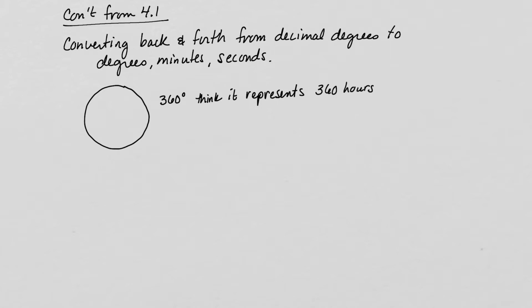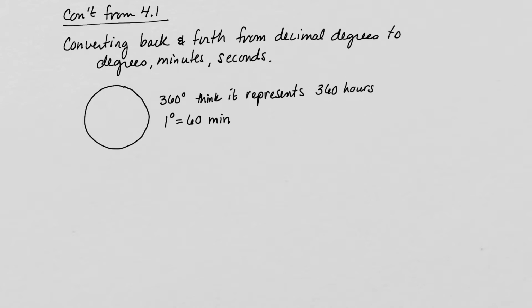I'm not saying a clock, which would represent 12 hours. We're just saying we have a circle, it's 360 degrees, and we think of 360 degrees as 360 hours. So how many minutes are in an hour? 60, right. So when we're talking about angles in degrees, minutes, and seconds, 1 degree is equal to 60 minutes.